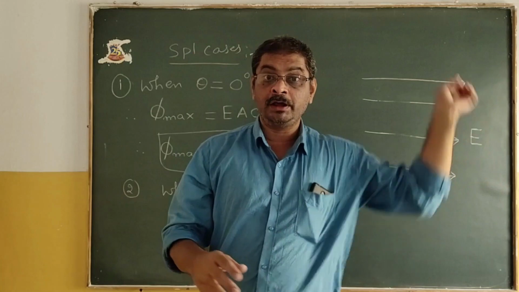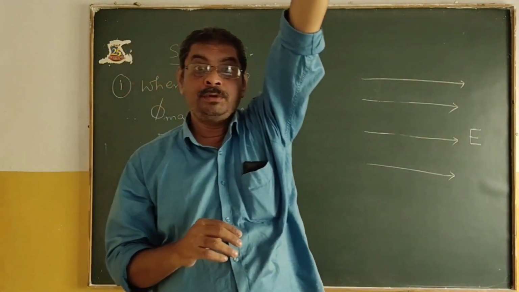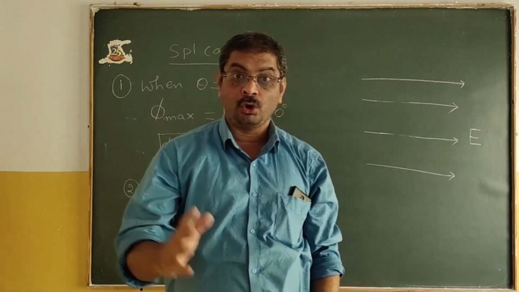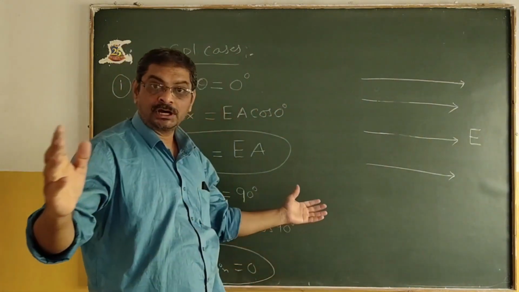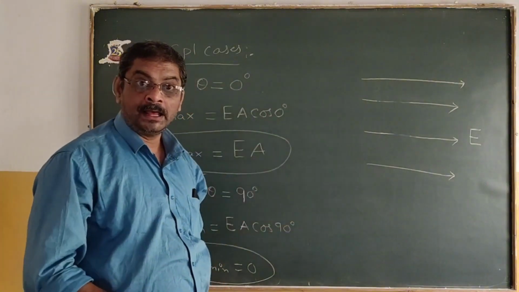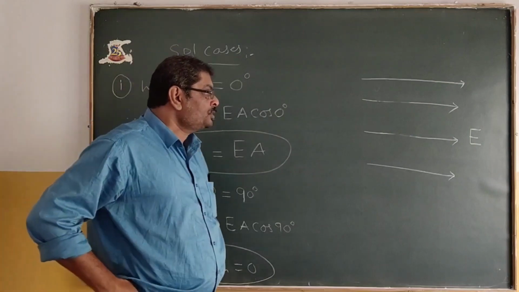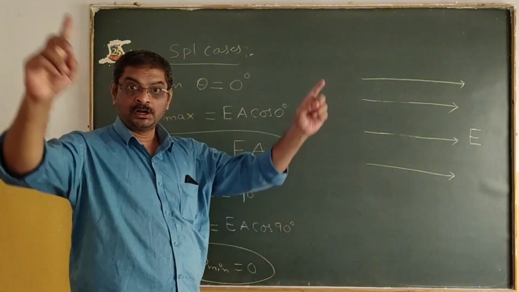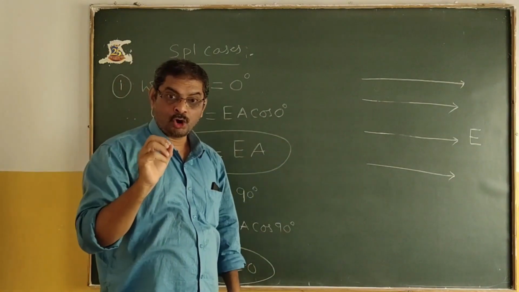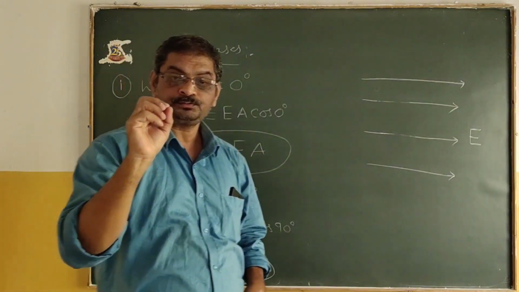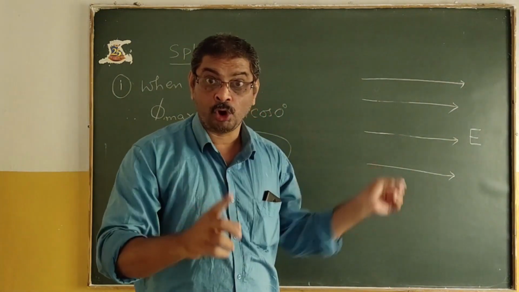That's the reason why cos 90 degree will be equal to 0, and the electric flux will become 0. So therefore you need to remember this important point.